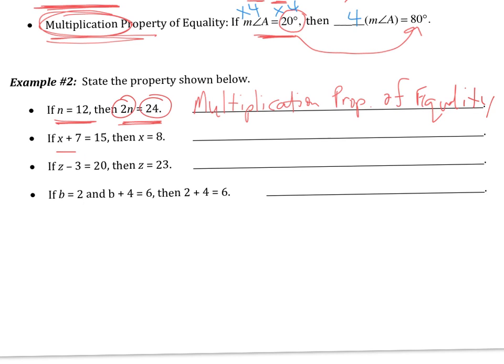X plus 7 is equal to 15, x is equal to 8. So the question is, how did we go from the left side to the right side? Like over here, we multiplied by 2 to go from the left to the right. So what are we doing to go from x plus 7 to just x? We're not adding. What did we subtract?